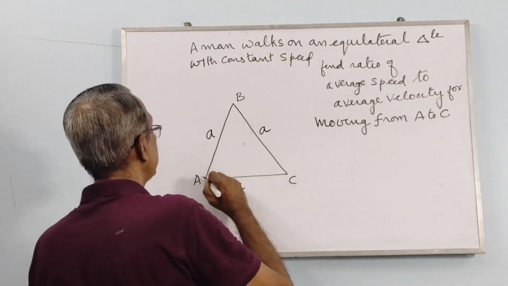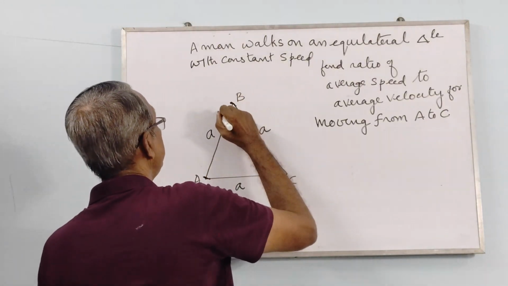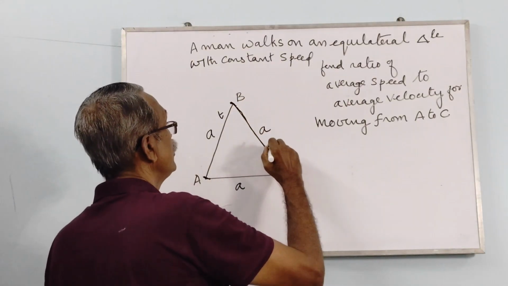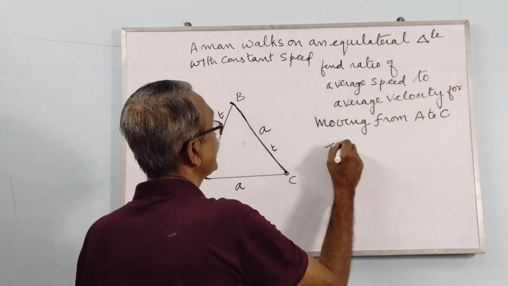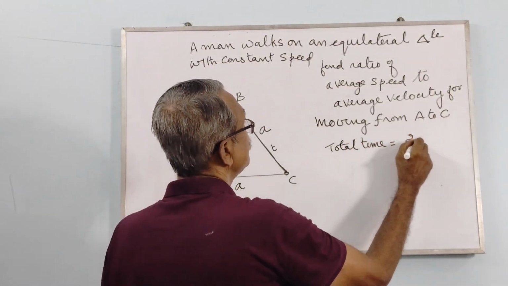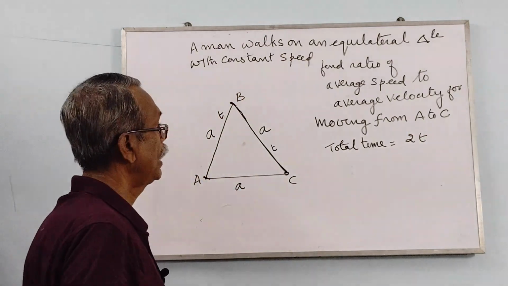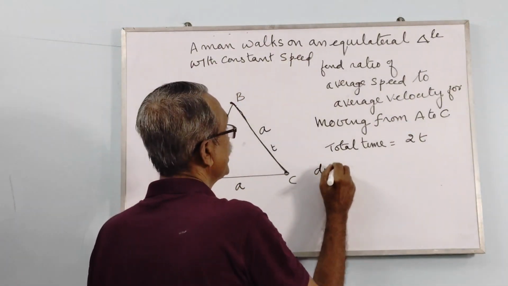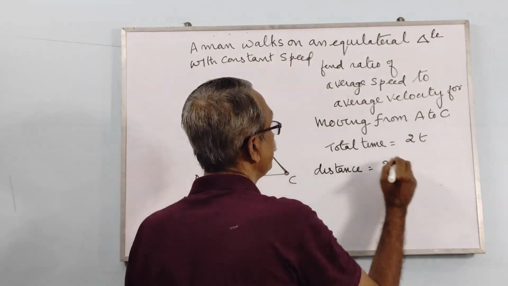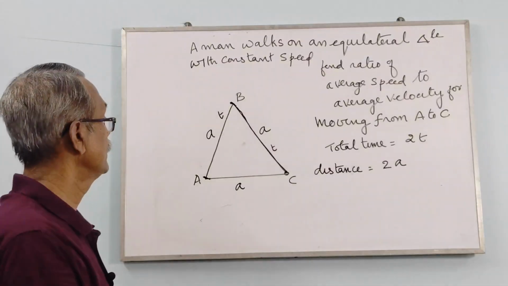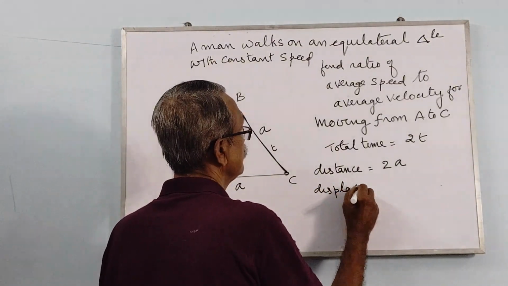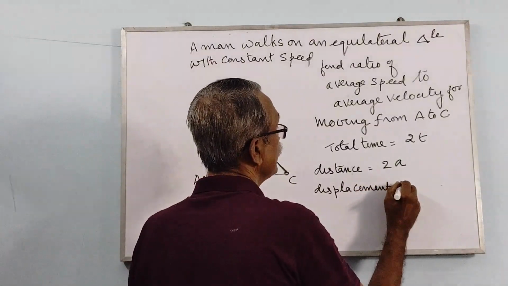Let the time taken for this journey be T. The time taken for this journey also will be equal to T. Therefore, total time is equal to 2T, and total distance is equal to 2a. Displacement is equal to a.